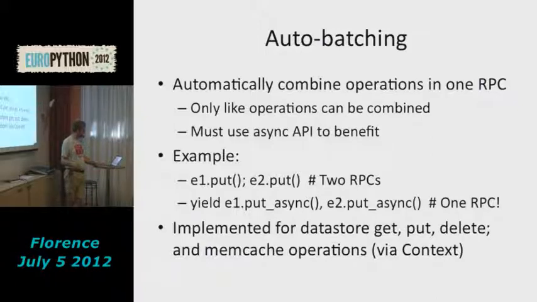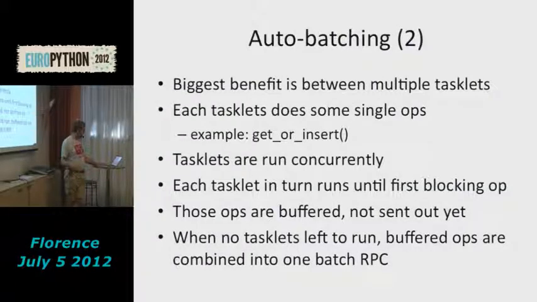And that only works if you use asynchronous APIs. And again, the auto-batching reduces your I/O overhead by replacing, for example, 10 similar calls by a single call. And even though there's not that much RPC overhead, it still saves a lot in practice.